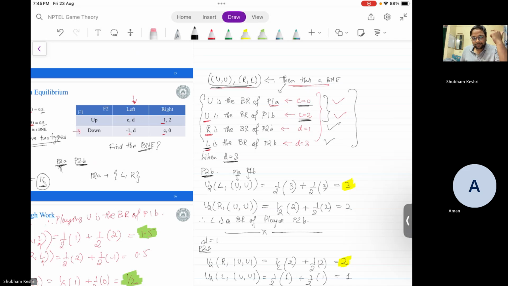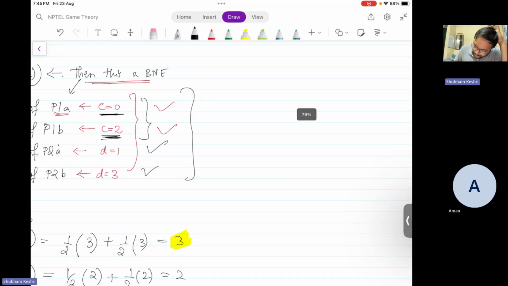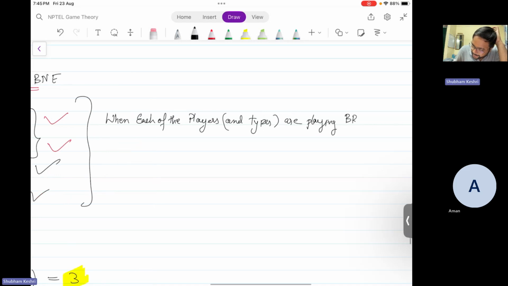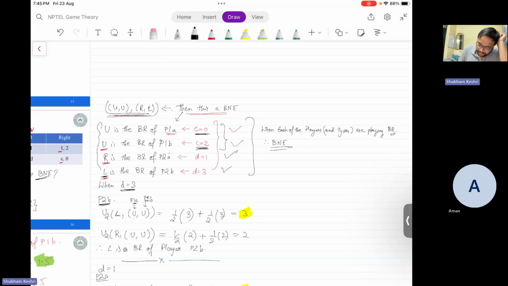Overall, each of the players and their types are playing best response. Therefore the best responses are intersecting. Therefore, this is a Bayesian Nash equilibrium.